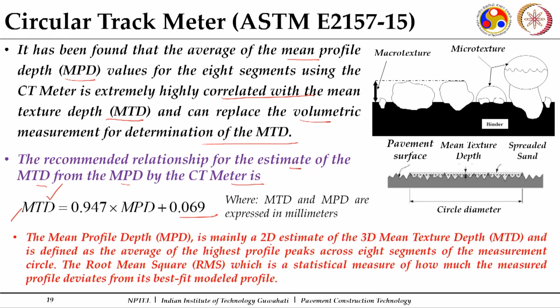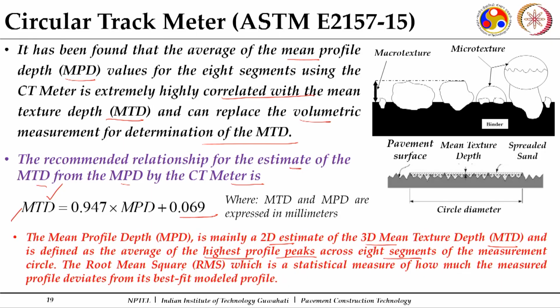The mean profile depth is mainly a 2D estimate of the 3D mean texture depth, and is defined as the average of the highest profile peaks across 8 segments over which it is measured. Along with it, the root mean square, a statistical measure, is also computed with this circular track meter, and it gives you how much the measured profiles deviate from the best fitted model profile. This is additional information which you get from the circular track meter.